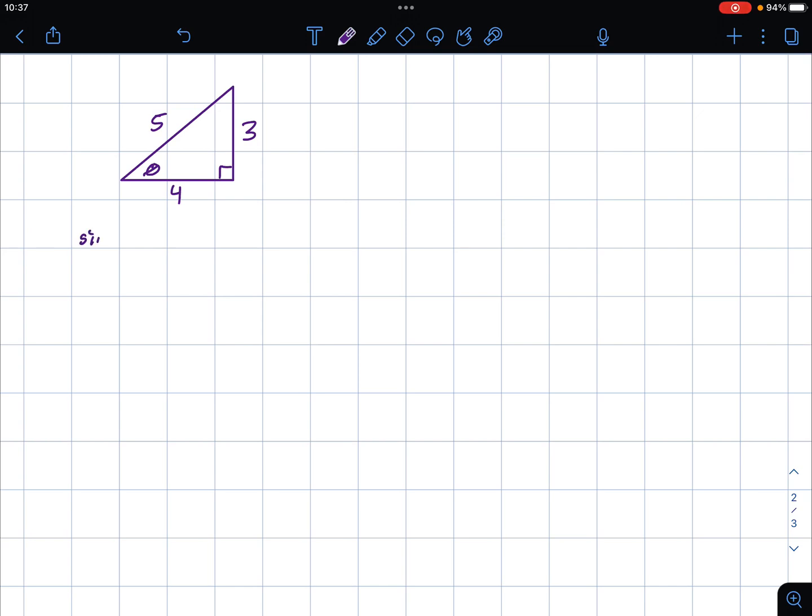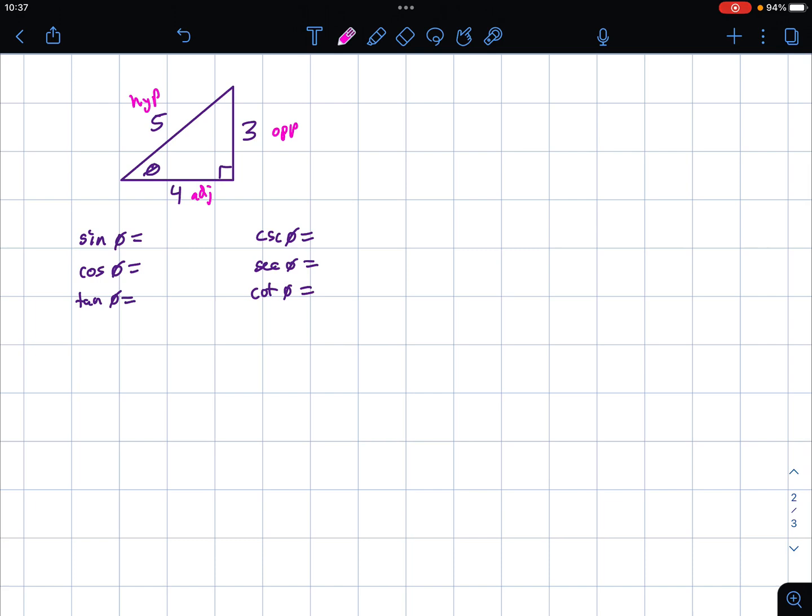So say I want sine theta, cosine theta, tan theta, cosecant theta, secant theta, and cotan theta of my angle theta in this right triangle. And relative to theta, we know that 3 is the opposite, 4 is the adjacent, and 5 is the hypotenuse.